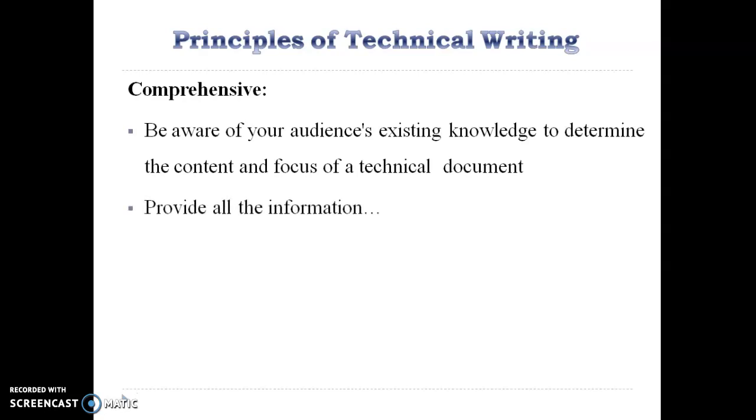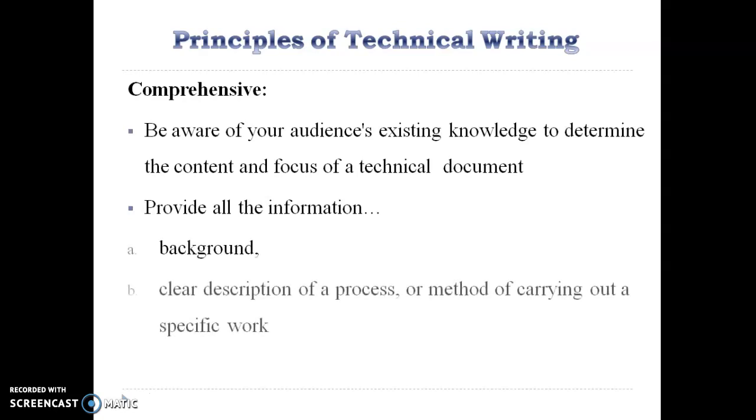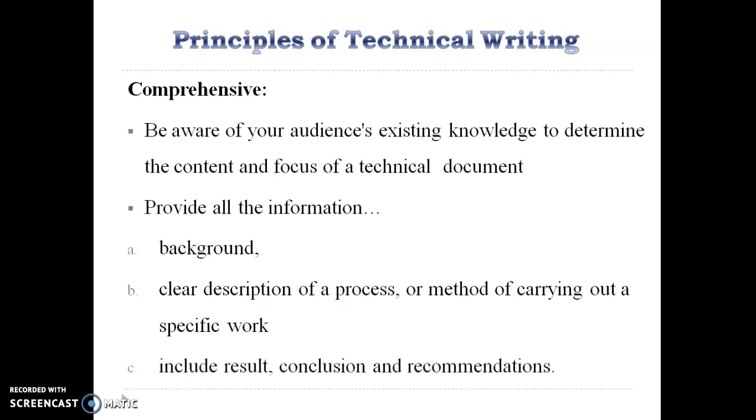And second thing is provide all the necessary information that your audience needs to understand your technical document. First, provide all the background information, give a clear description of a process or method of carrying out a specific task, include results, conclusion, and recommendations in your technical writing. So this is to increase the comprehensiveness of your technical document.